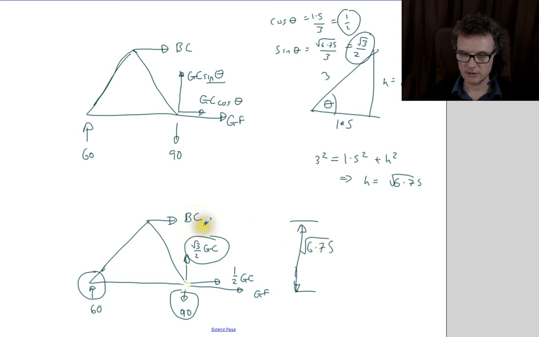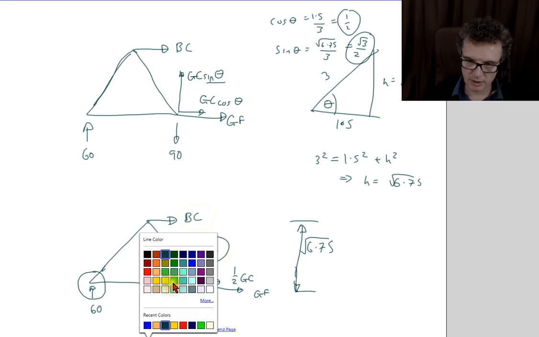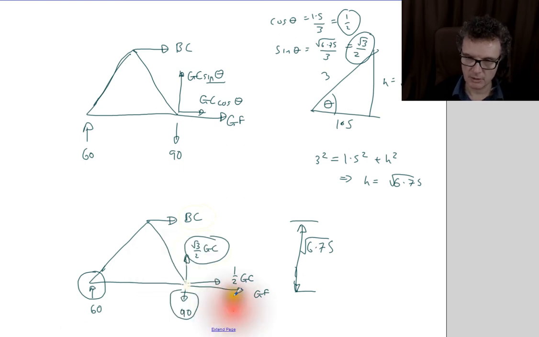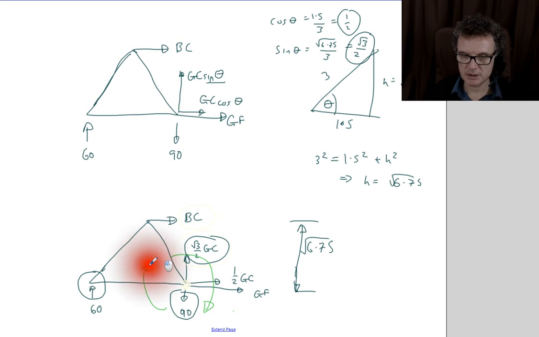So that's the first moment I can see that's going clockwise. So let's put the clock face on it. So we're going around and around. So BC is a positive moment, and also this 60 times this distance, which is 3 meters, is also going to be a positive moment.